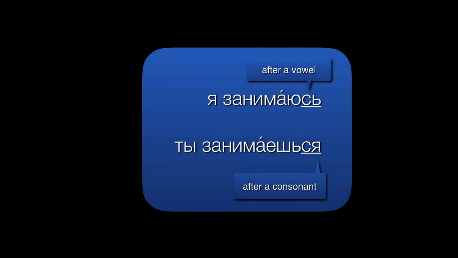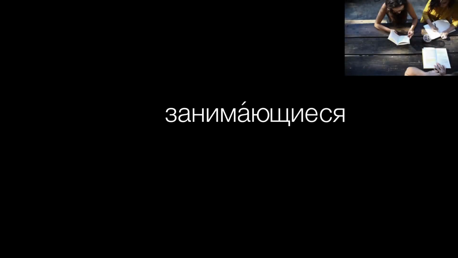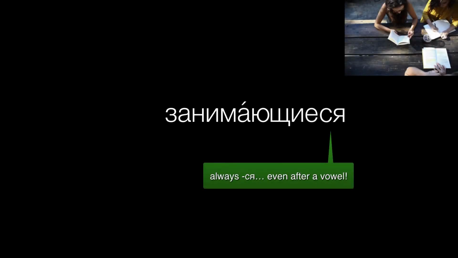You've probably learned that the reflexive ending ся has the form сь, with a soft sign, after a vowel. And that is nearly always true, but participles are the exception. Participles made from verbs with a reflexive suffix always have ся even after a vowel. So the plural form here will be занимающиеся, and that is spelled with the letter я on the end.